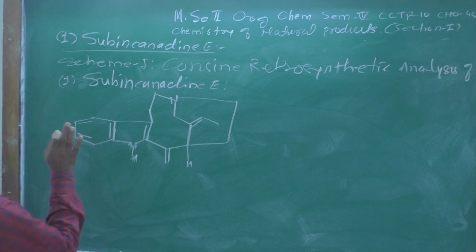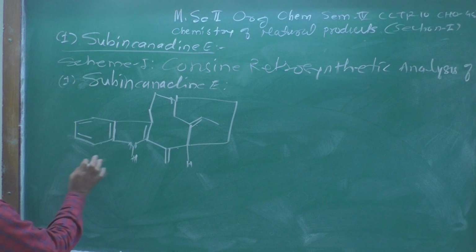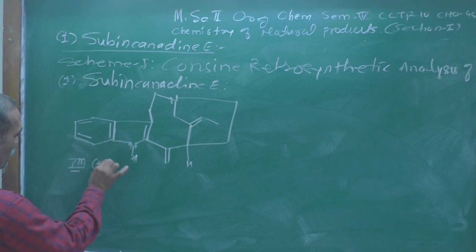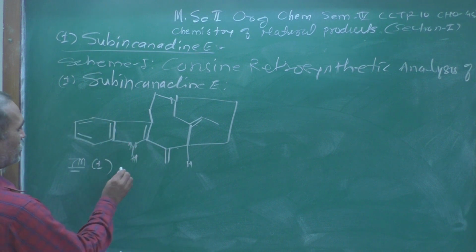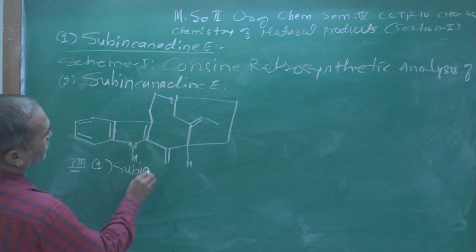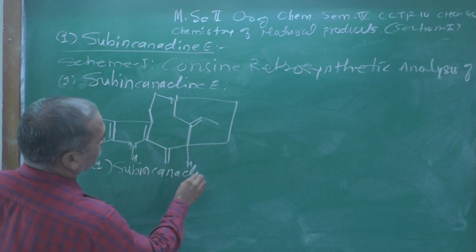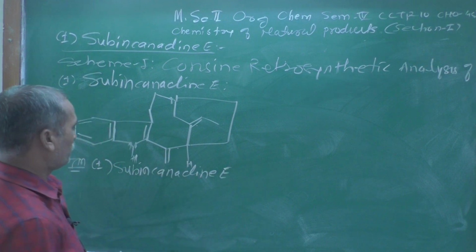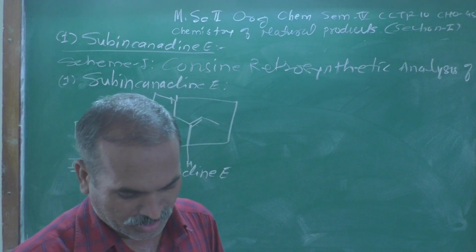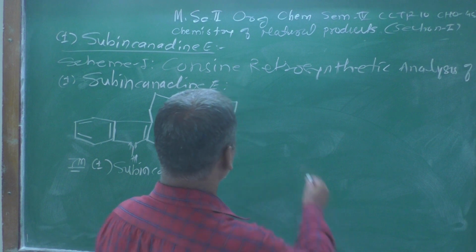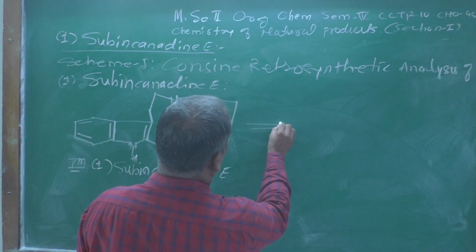Target molecule means the molecule whose synthesis is being planned, right? And what is the name of that target molecule? The name of this target molecule is plus minus Sabine Canadine E. And now let's see the retrosynthetic analysis of this.